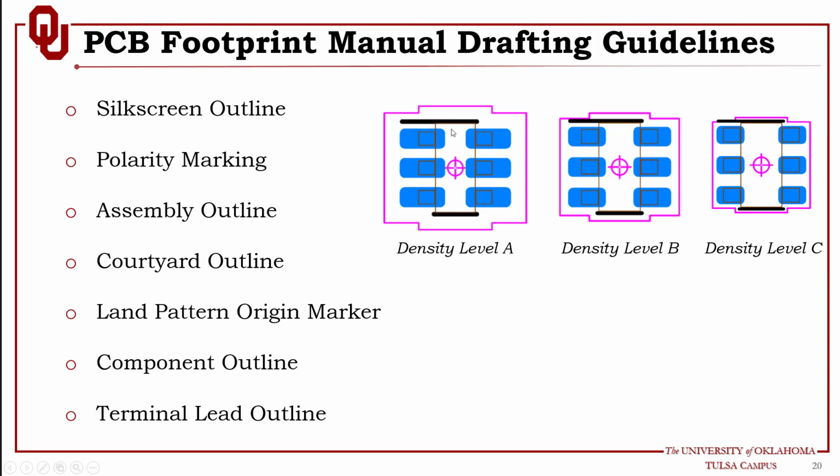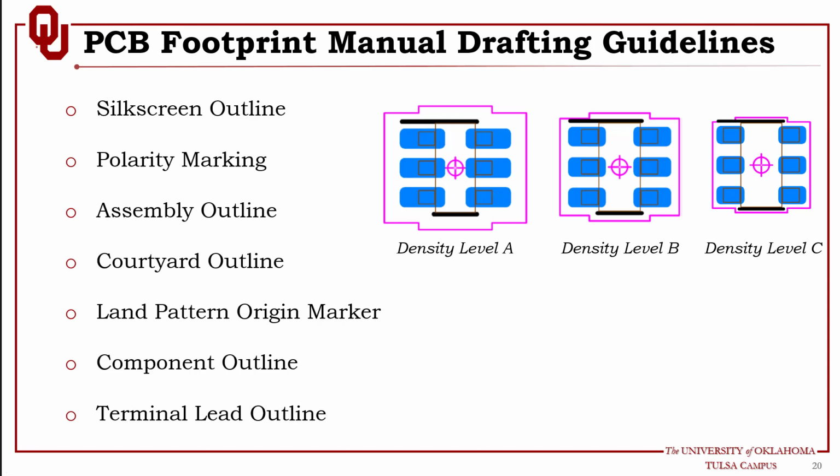So pin number 1, when you do the silkscreen outline as you see here, this extended line shows that pin number 1 will start here. It's called the polarity marking. This will mark the polarity of this chip, or for ICs, basically the polarity marking is defining pin number 1.